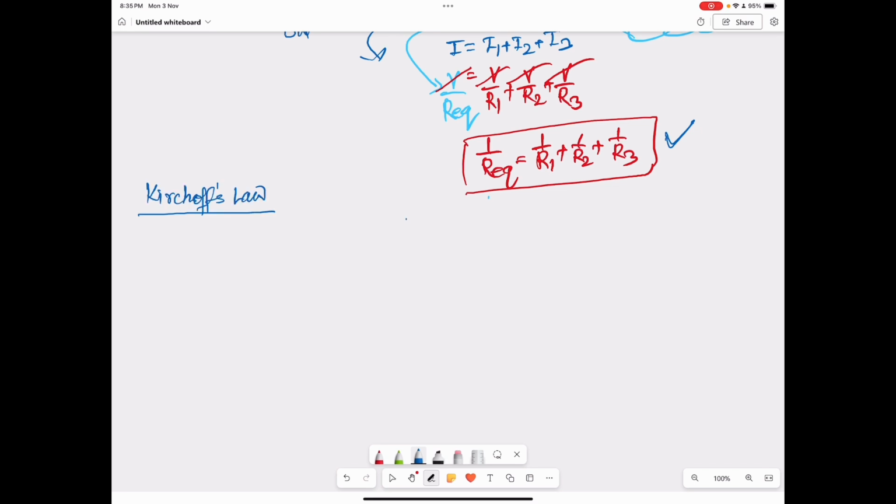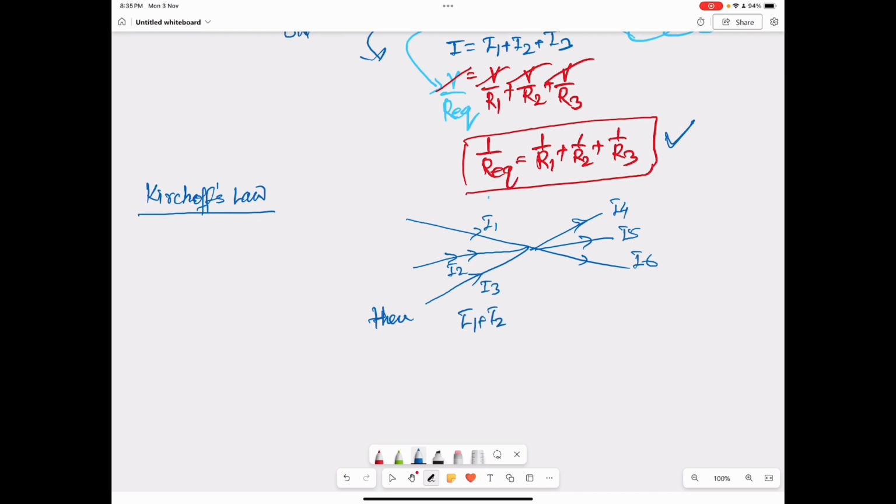It says that if many currents are coming and converging or meeting at a point, I1, I2 and I3, and then they are diverging into different currents I4, I5 and I6, then definitely the sum of the converging currents at a point will be equal to the sum of the diverging currents.